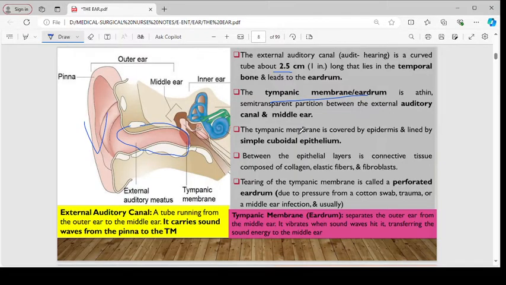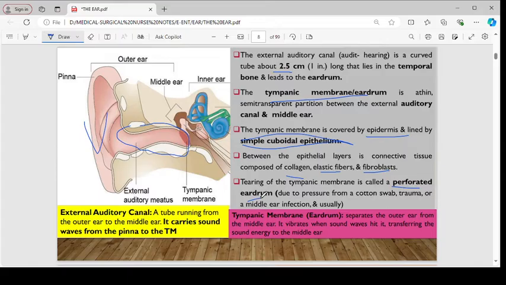The tympanic membrane is normally covered by epithelium, which is simple cuboidal epithelium, and between the layers is connective tissue composed of collagen, elastic fibers, and fibroblasts. If you have a tear in the tympanic membrane, it is referred to medically as a perforated eardrum.